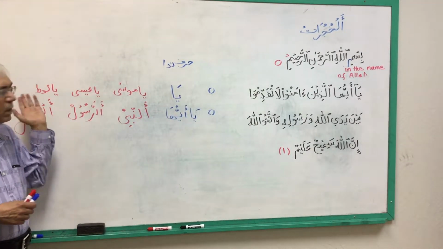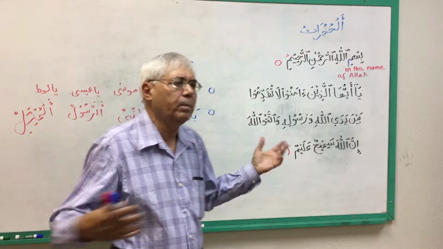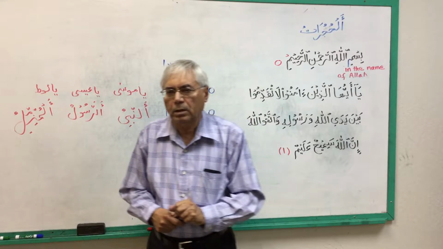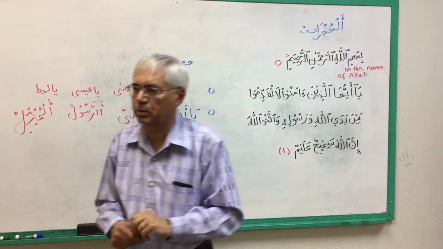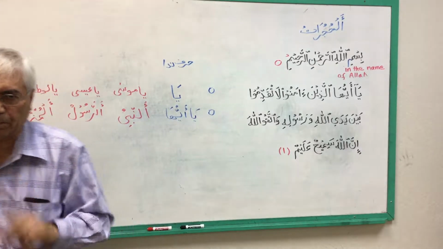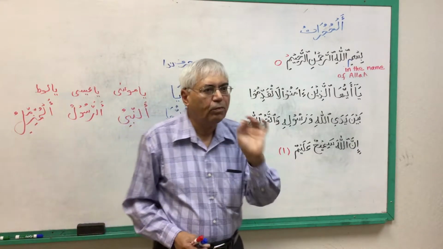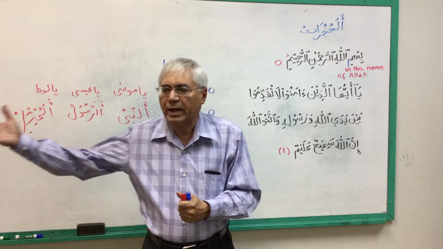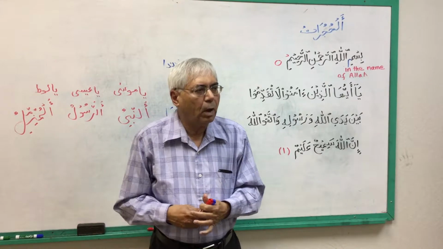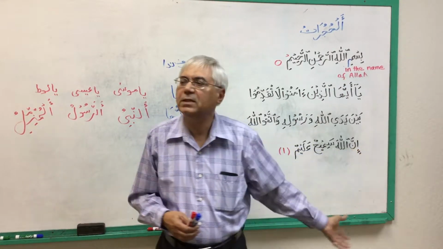these words Musa, Isa, Lut, Ibrahim, Hud have come many, many times. The word Muhammad has come only four times in the entire Quran. Only four times. And in the way that name has come, Allah subhanahu wa ta'ala is telling someone, Muhammadur Rasulullah, Muhammad is the messenger of Allah.